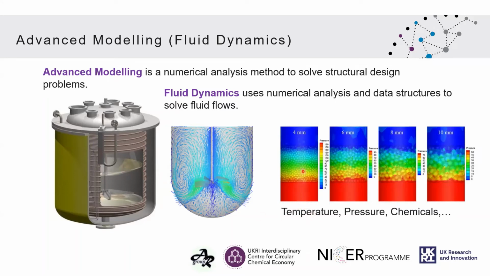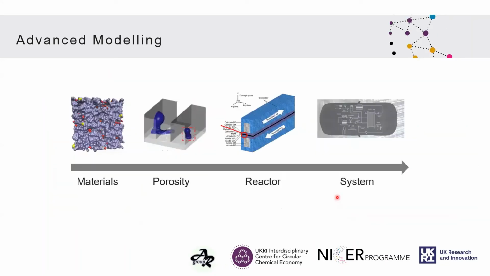In the flow reactor, we can see the change in temperature gradients. We can see the pressure. We can look at how the reactant changes along the reactor. And one of the most powerful points of this advanced modeling is the wide range of scales that we can analyze.